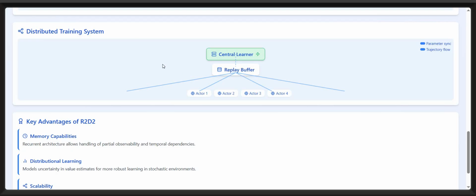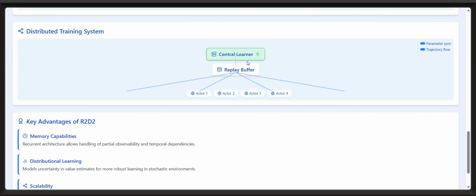Now here's how all of this is wired together in a distributed setup. At the top, we have got the central learner. It is connected to the replay buffer and also to each actor. There are two types of communication going on here.